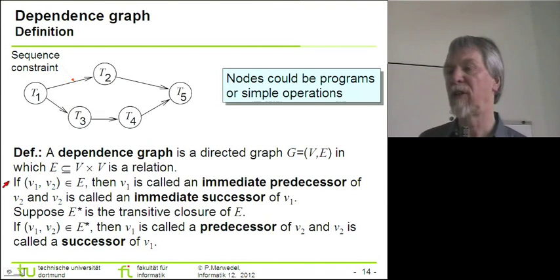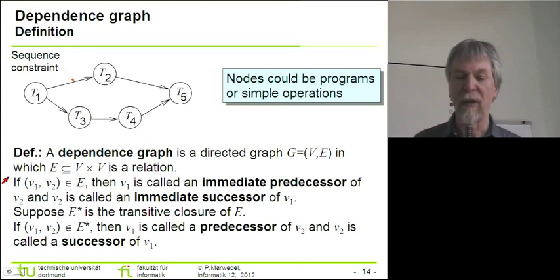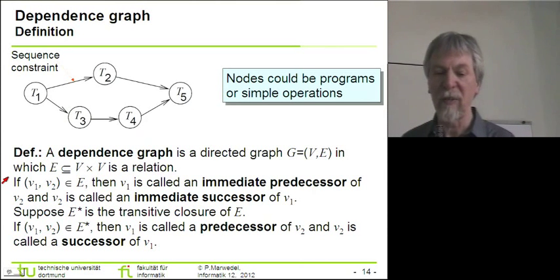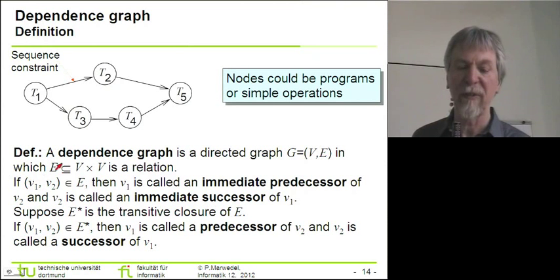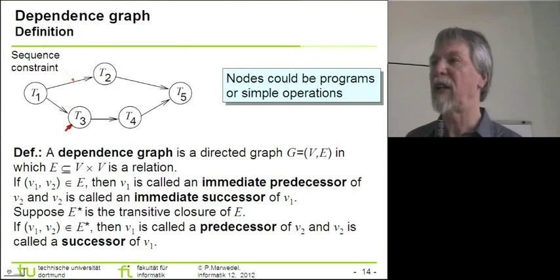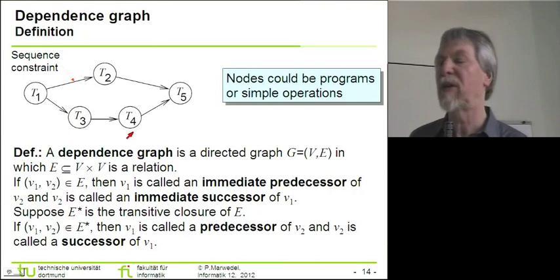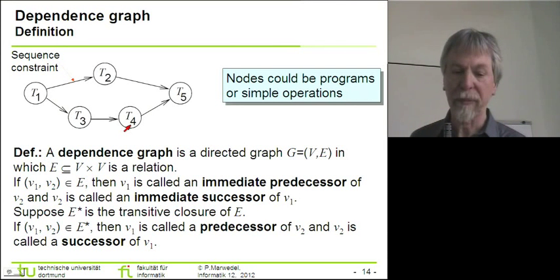In this context, we are defining immediate predecessors and immediate successors. If there is an edge from one node to some other node, then the first node is said to be a predecessor of the second, and the second node is called a successor of the first.